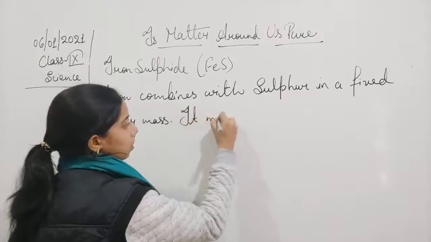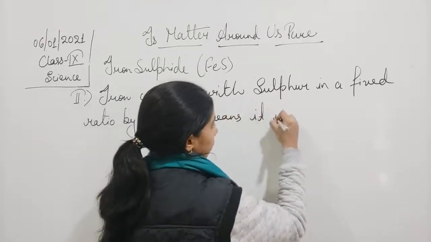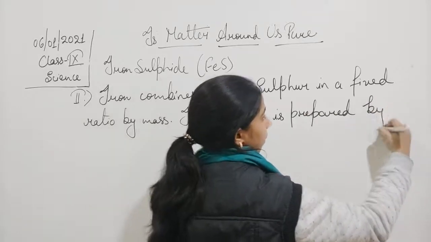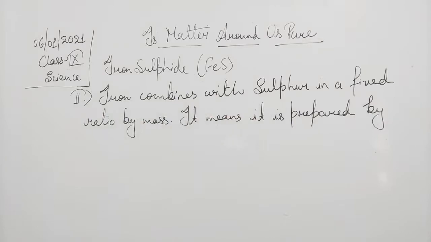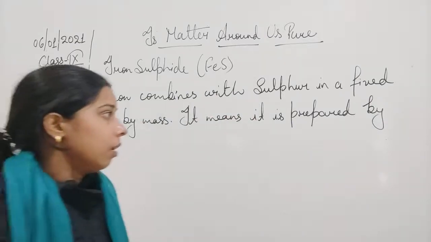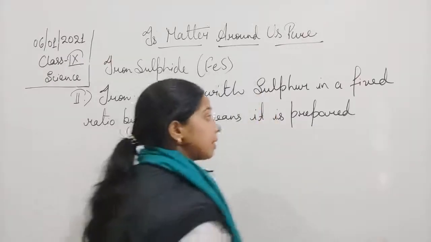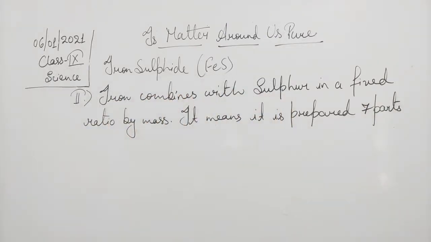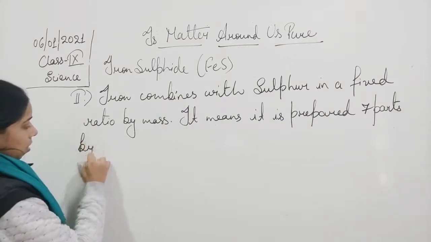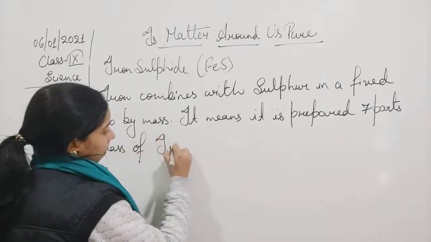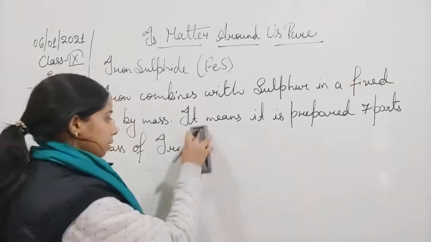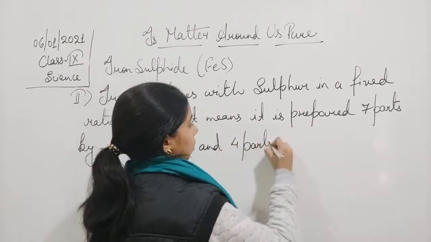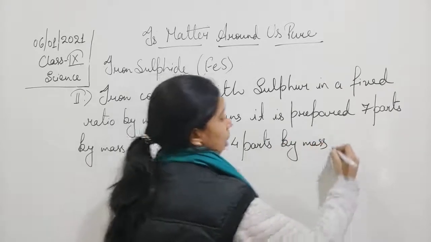It means it is prepared by 7 parts by mass of iron and 4 parts by mass of sulfur.